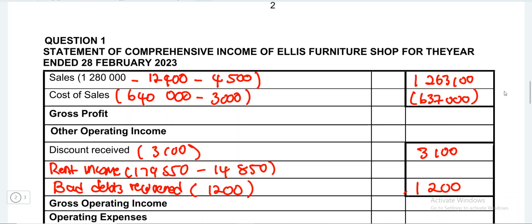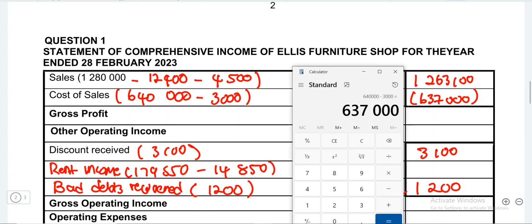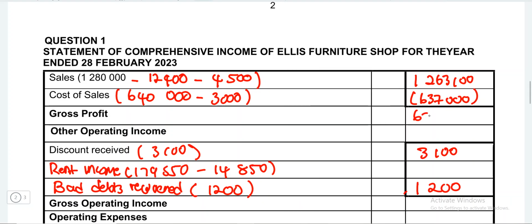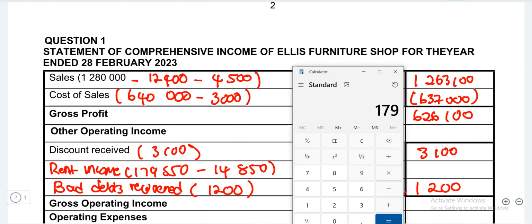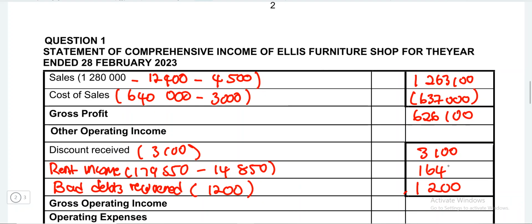and then from there our gross profit will be this and 1,263,100 minus 637,000, it is giving us 626,100, and then from there we need to get the total of our rent income. So our rent income is going to be 179,550, subtract 14,850, it is giving us 164,700.